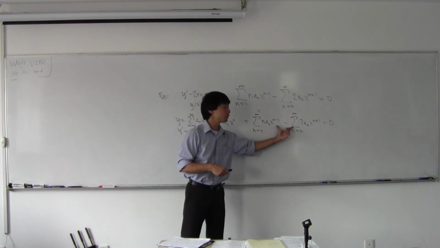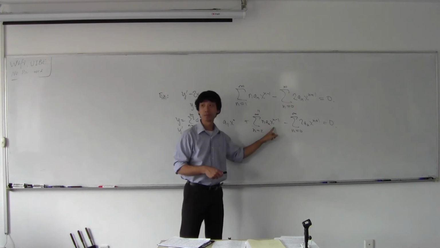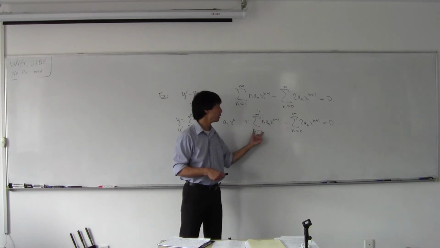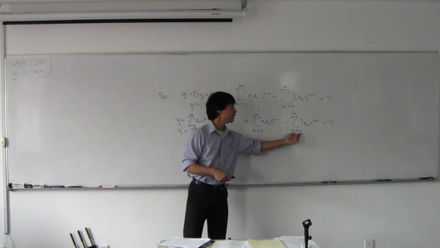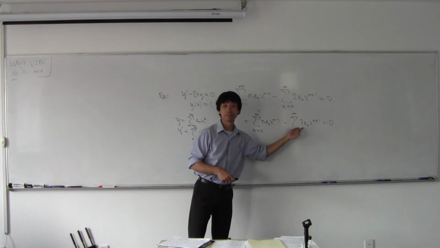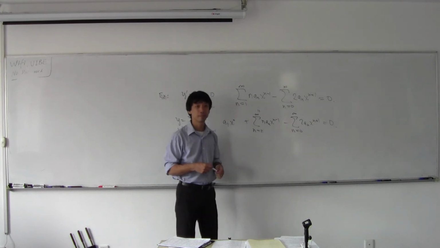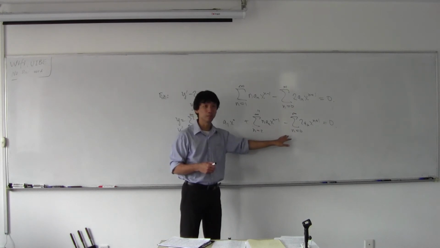So that these guys would run over the same powers. This one starts at x to the 1, and this guy also starts at x to the 1. Everybody see that?